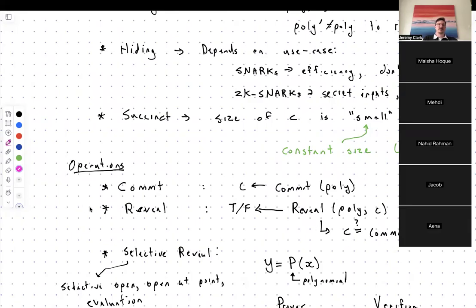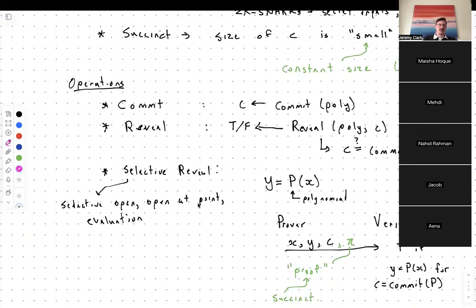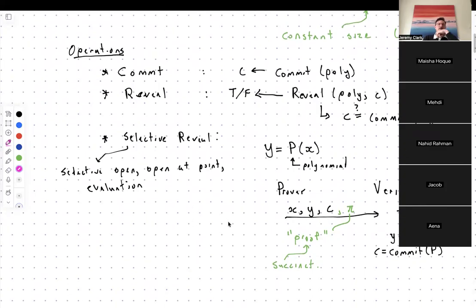We won't do this in this class, so we're never going to open up the whole polynomial, but it is something that you can do. The fancier version of a reveal is that I want to open the polynomial only at a specific point. I'm not going to tell you anything about the polynomial other than that if you evaluate the polynomial at the value x, you will get the value y.